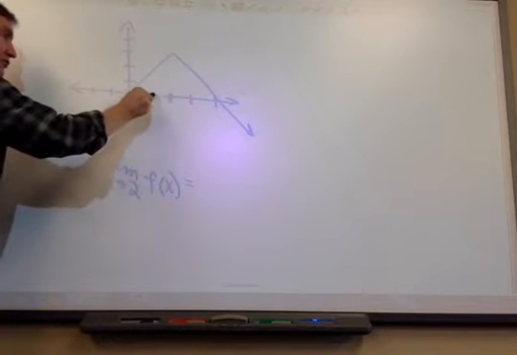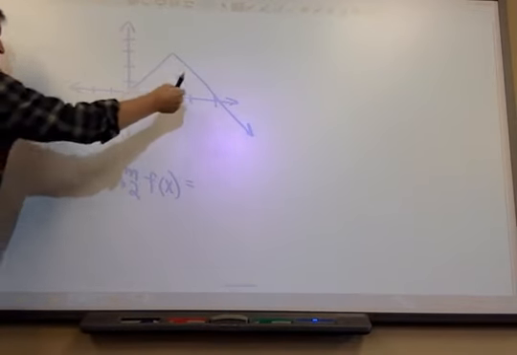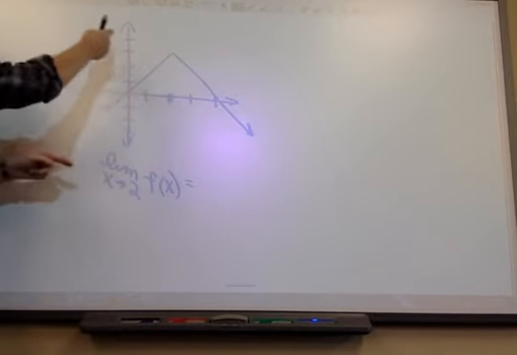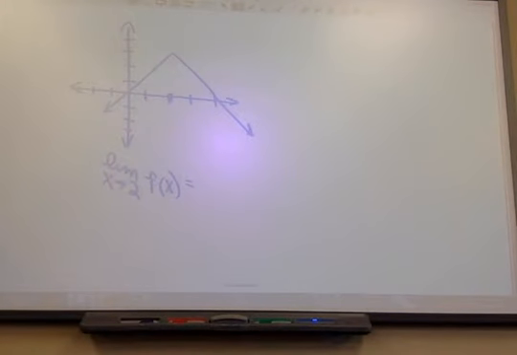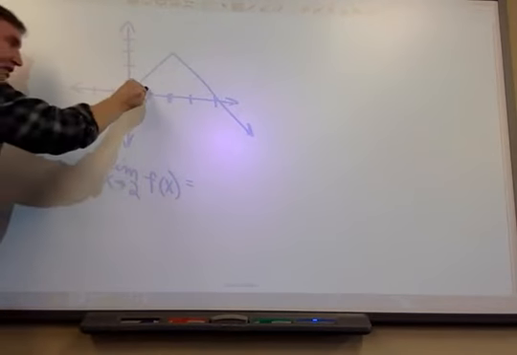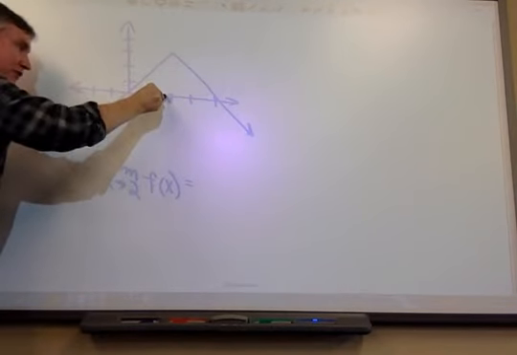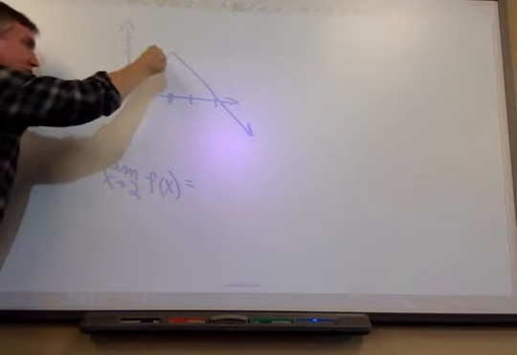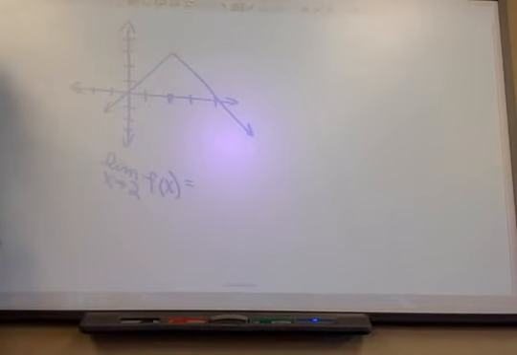As the x values get closer and closer to 2 from either side, where does the y go? 3.5? If I get closer and closer and closer to 2 on the x-axis, the y gets closer and closer and closer to 3, doesn't it?